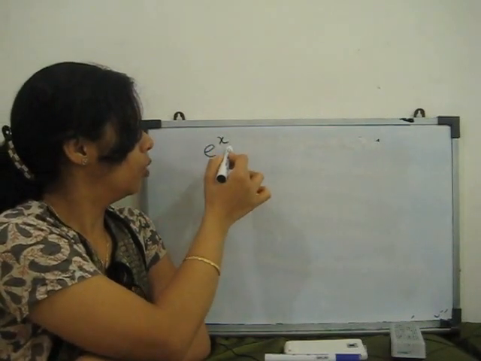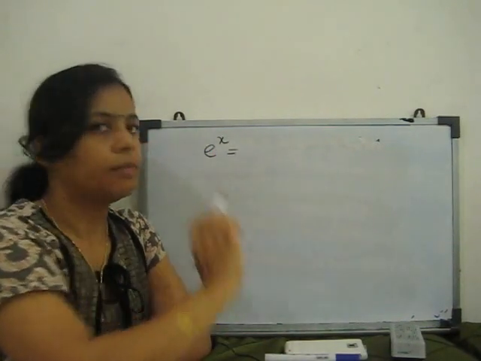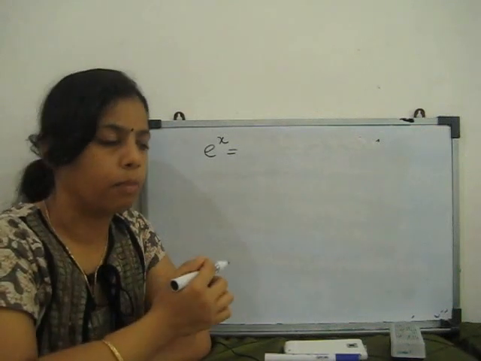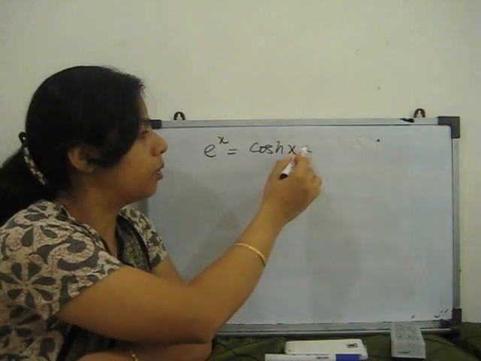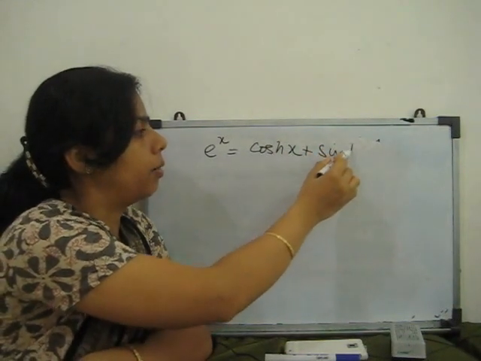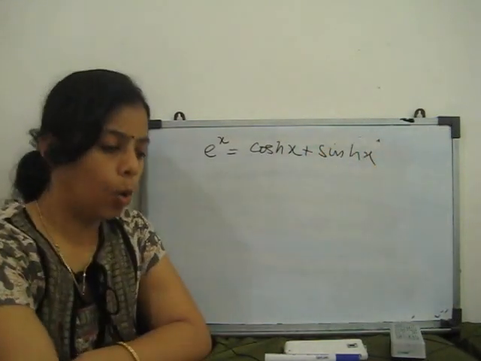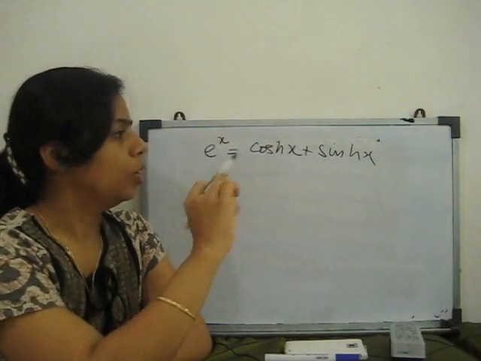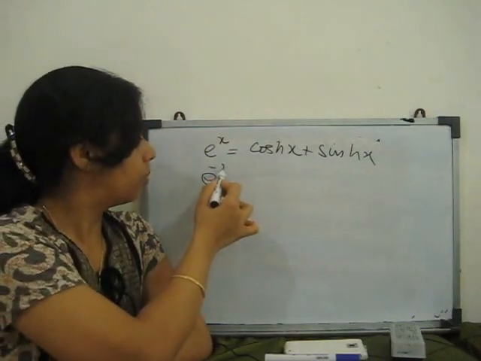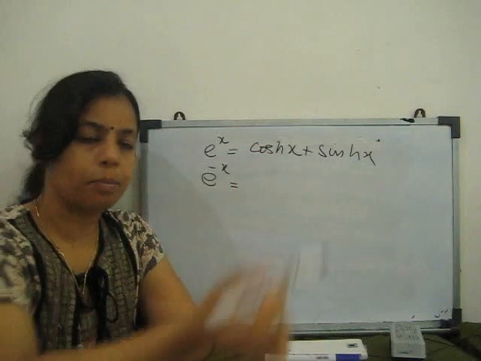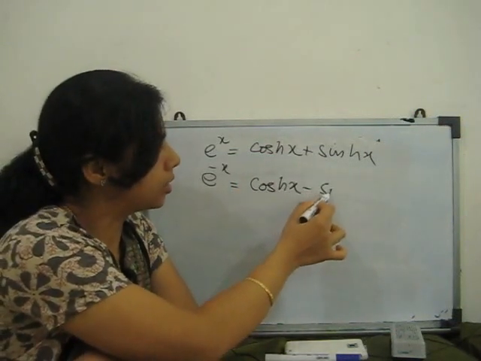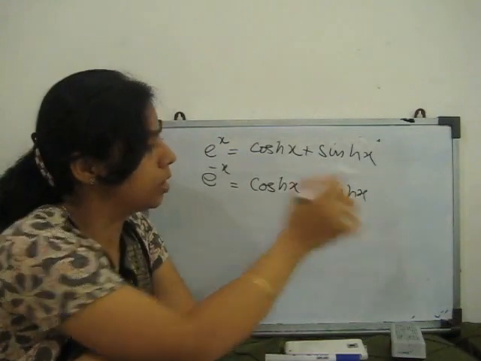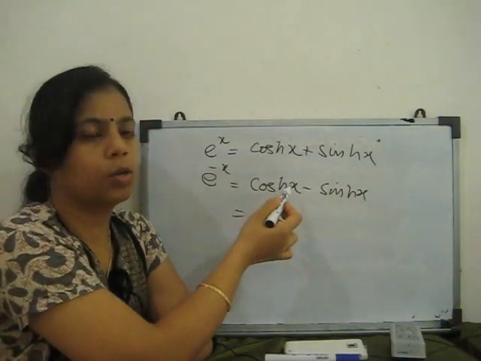We all know e to the power x; if we write it in hyperbolic form, e to the power x is cosh x plus sinh x. You can derive it also. Similarly, e to the power minus x is cosh x minus sinh x. You can derive it also.